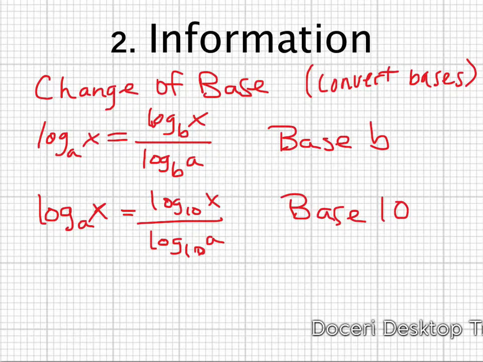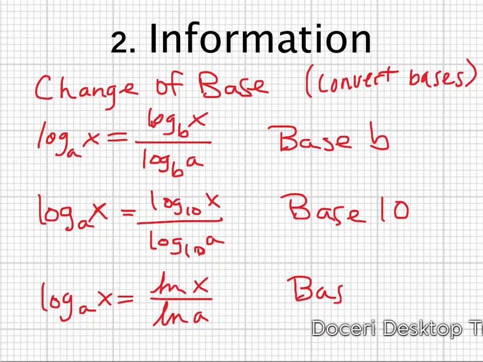Same situation, the only difference is now I know my base is 10 as opposed to any base for b. This also works for the natural logs and for base e. So if I have log base a of x, I can rewrite this as the natural log of x over the natural log of a. So this is if my base is e.